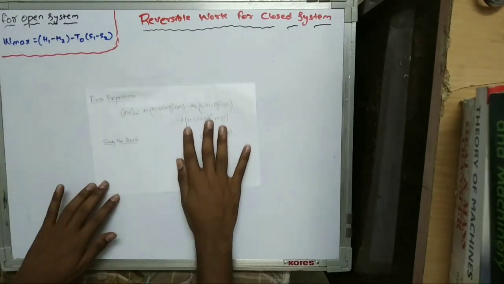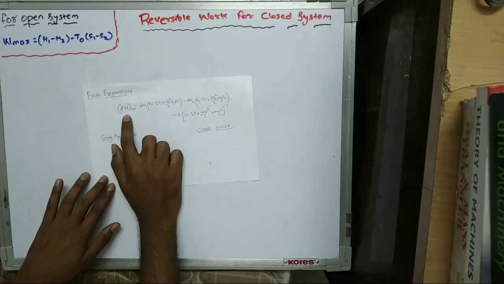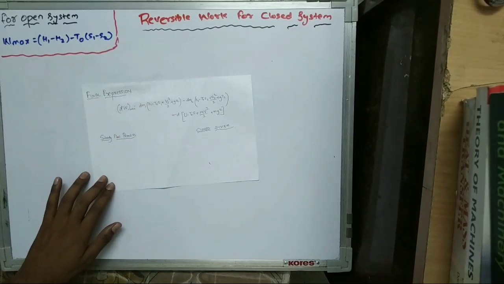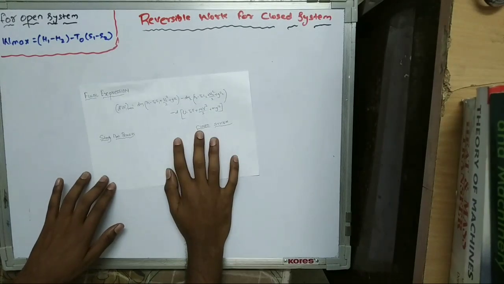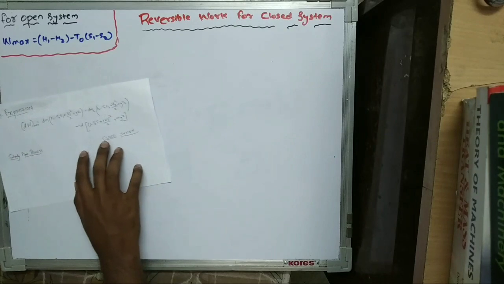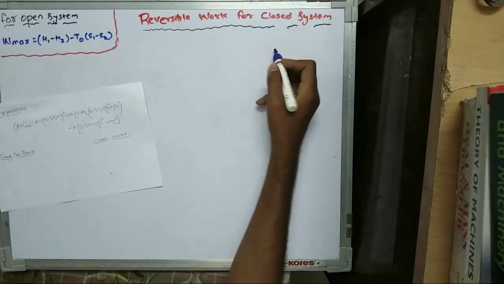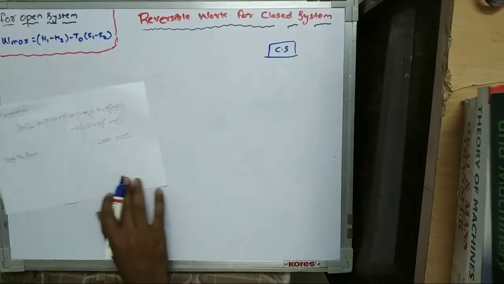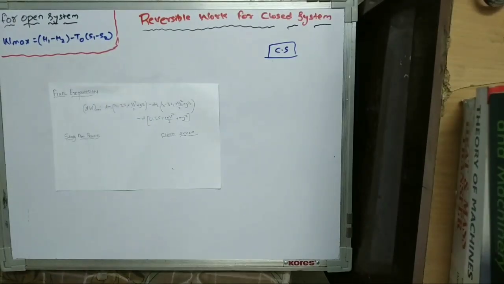So this is the final expression for the maximum work of an open system when the heat is exchanging with the surrounding. For a closed system, we all know that there is no mass entering or leaving.